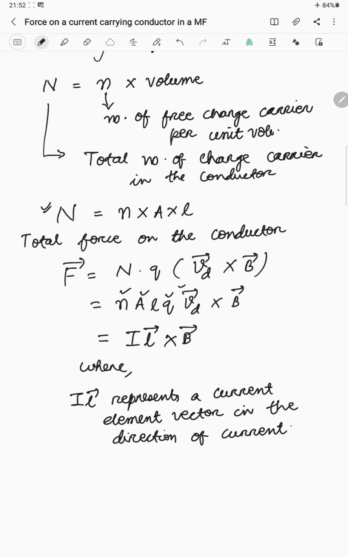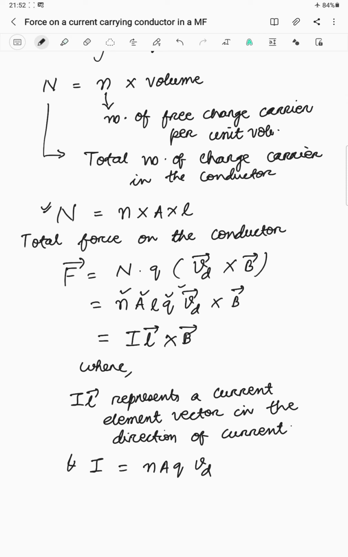So my L will always be in the direction of the current, therefore L has a vector sign, and I is equal to n A q Vd, which we found out in the beginning of the chapter.